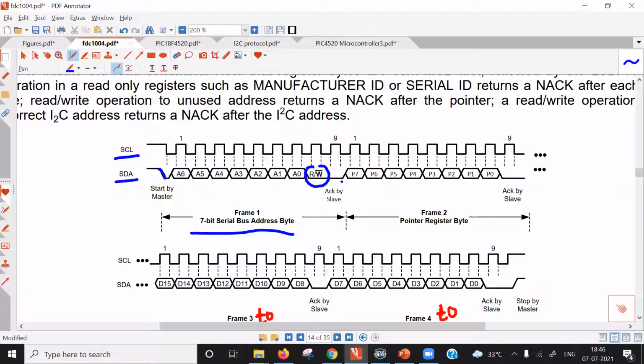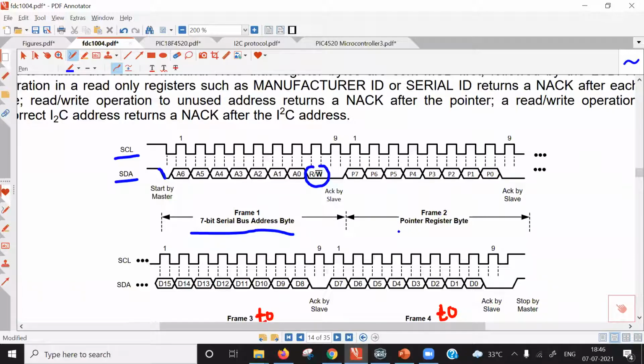And it is the responsibility of the slave device to pull down this pin in order to give acknowledgement. So this is end of transmission of first 8 bits, and it is always address plus read write bit. And in write frame, this read write bit is logic 0.